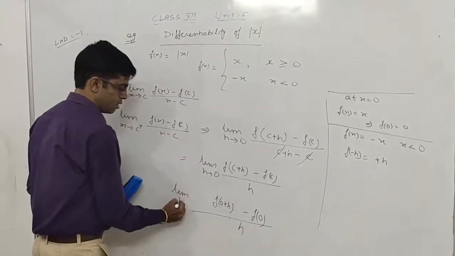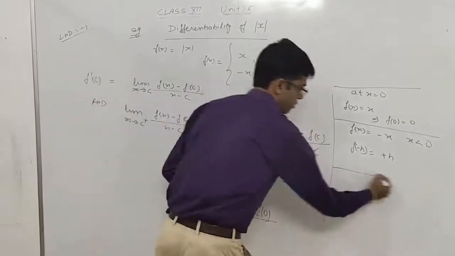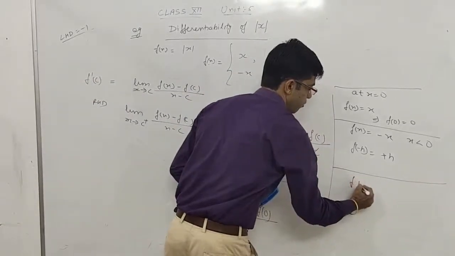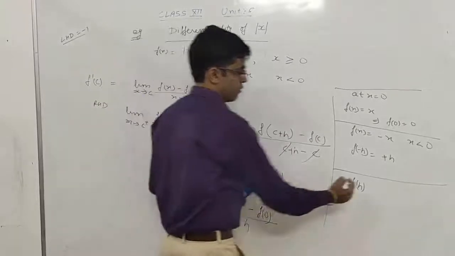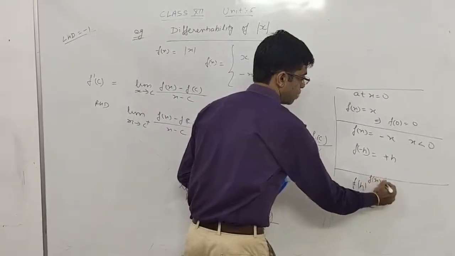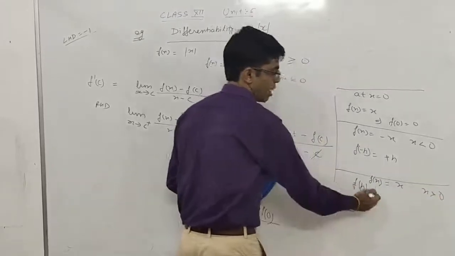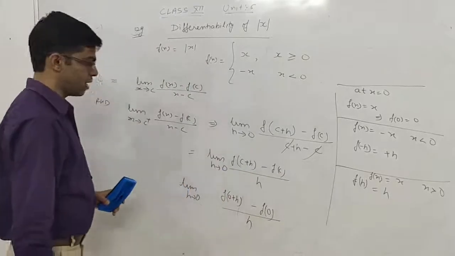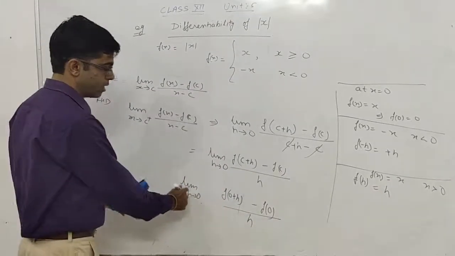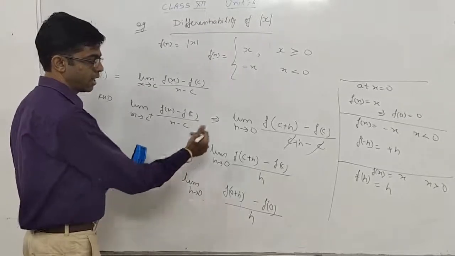Limit h approaches 0. Now f of h: we will first take f(x) equal to x when x is greater than 0. So f of h is also h. We are checking the right hand derivative, which means slightly greater than 0.